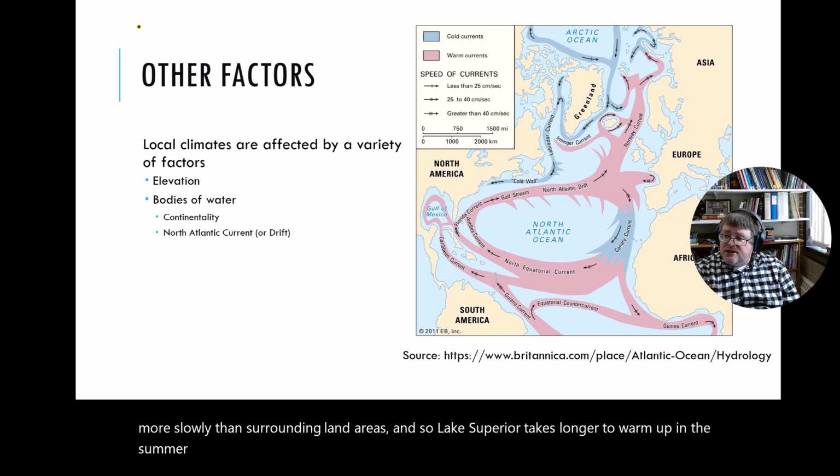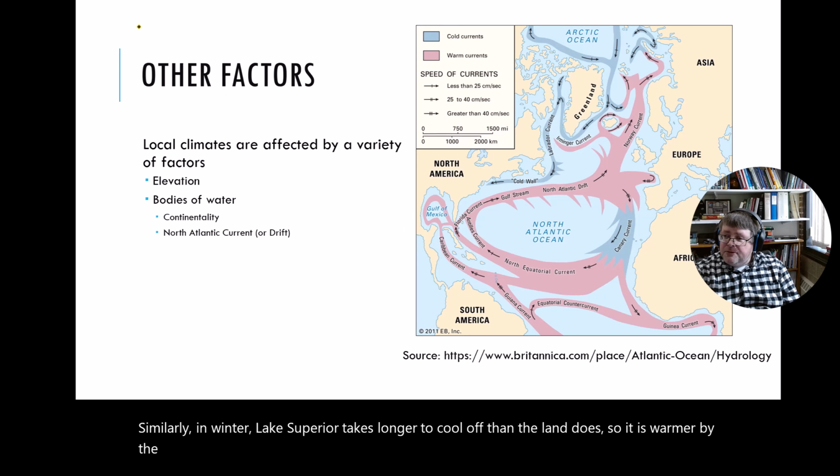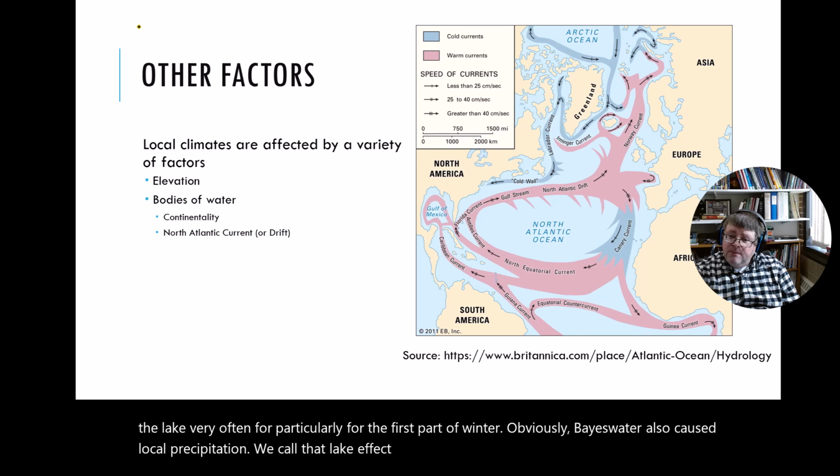So in summer, it is often significantly cooler by Lake Superior. Similarly, in winter, Lake Superior takes longer to cool off than the land does. So it is warmer by the lake very often, particularly for the first part of winter. Obviously, bodies of water also cause local precipitation. We call that lake effect snow in winter, for example.